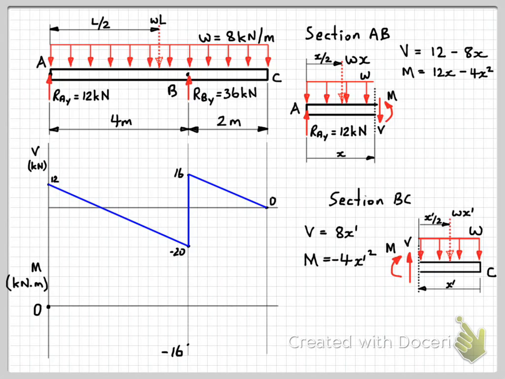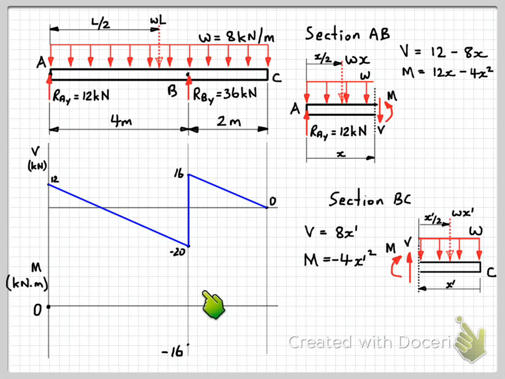Okay, so now let's look at section BC, and if we put x dash equals 2 into our bending moment equation here, we get 2 squared is 4, so 4 times 4 is 16, minus 16, so we're at the same point here at point B, the same moment that we got for point B from the equation in section AB.